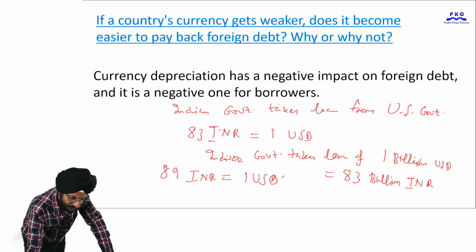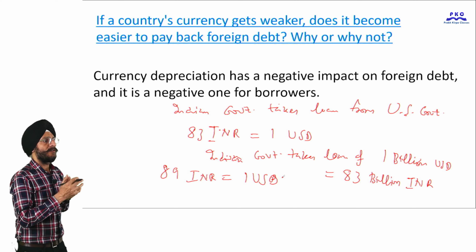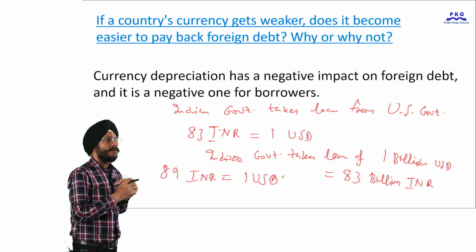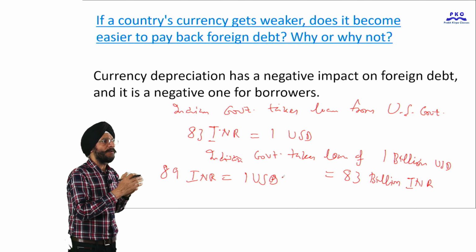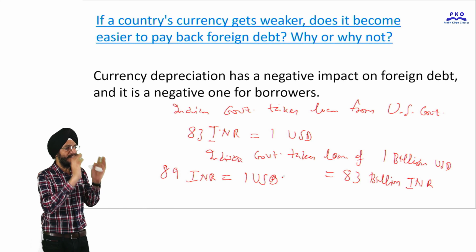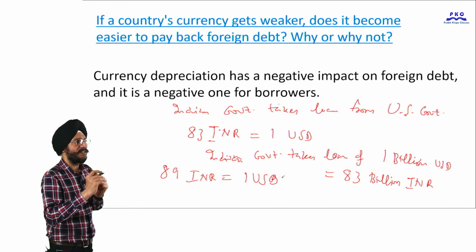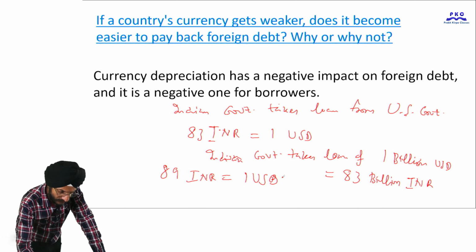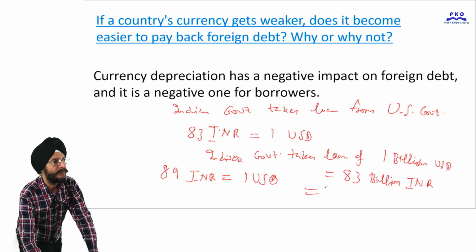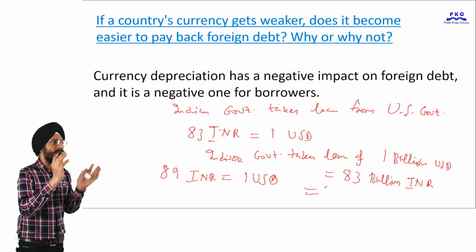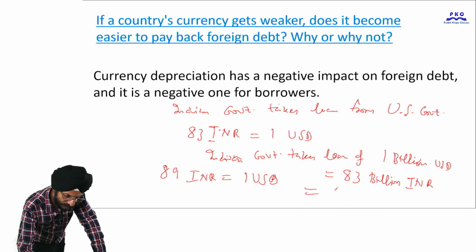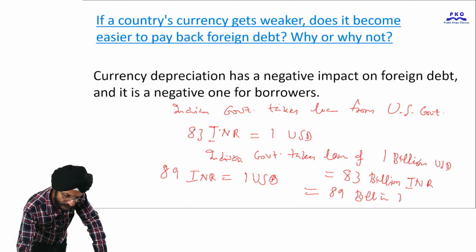That is, $1 is now equal to 89 Indian rupees. That is, by paying 89 Indian rupees, we can get $1. In other words, it means that the loan amount is now nearly equal to 89 billion Indian rupees.